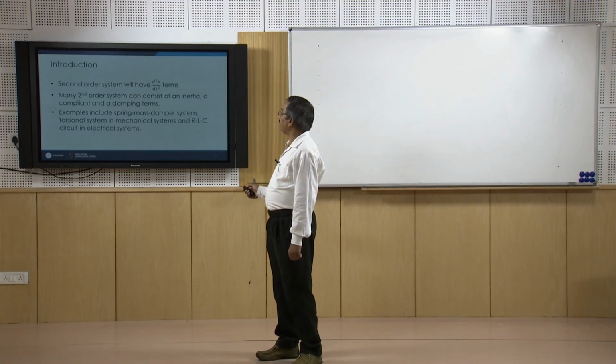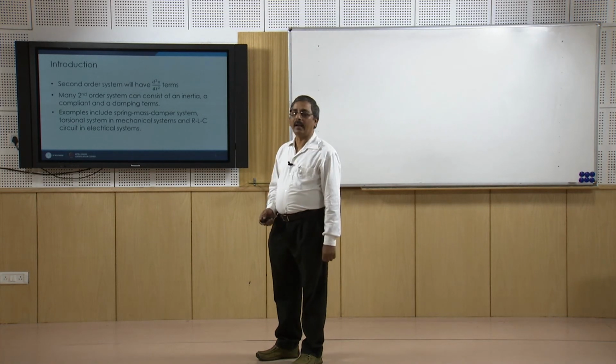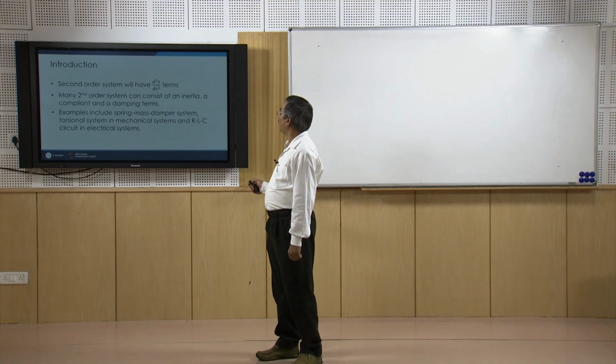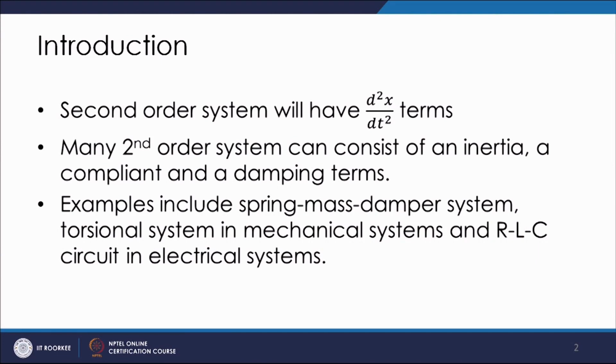So, the second order system will have terms like d square x by dt square. This is the way to identify the order of the system. Many second order systems can consist of an inertia, a compliance and a damping.